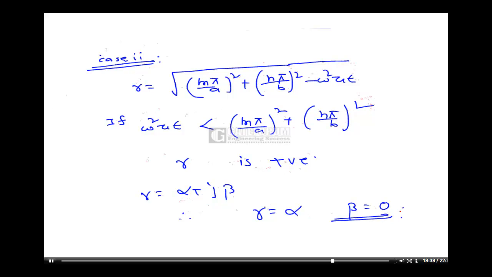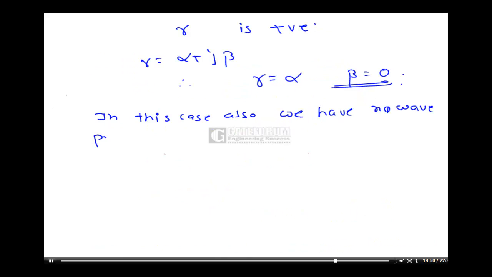So in this case also, we have no wave propagation. Only we have attenuation.